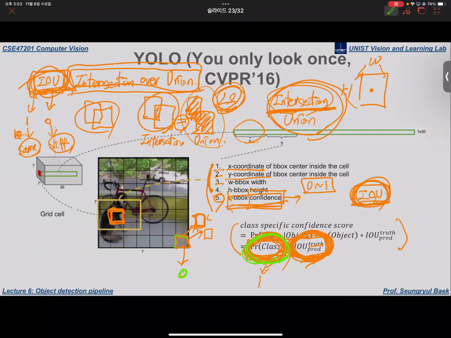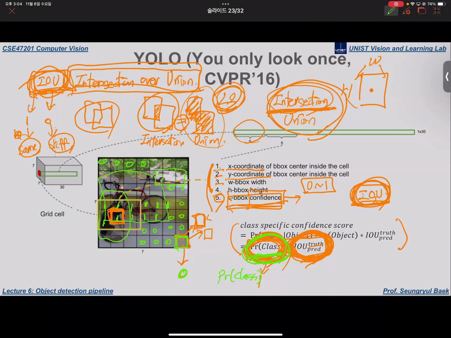But you may already understand that the probability of an object becomes 0 if there's no object inside this grid. For example, this may have 0, 0, 0, 0. This class probability might be almost 0 for these regions, and only 1 when the grid has an object; here there's a bicycle and this is a car, right?